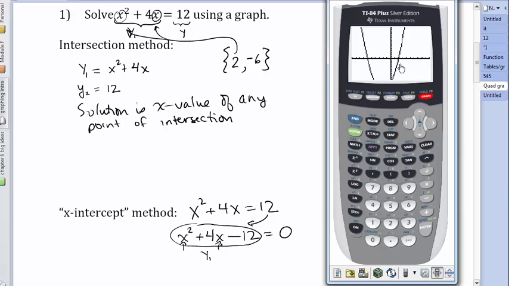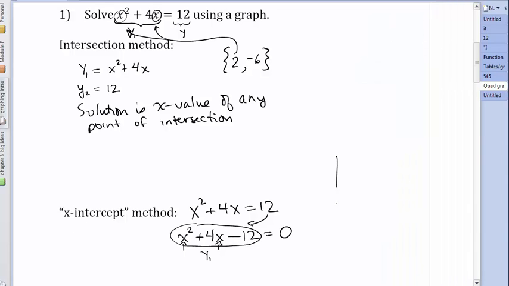So on my graph, if I count to see where that parabola is hitting the x-intercept, and if I draw it over here by hand, looks like this x-intercept here is 2, and this x-intercept here is negative 6.